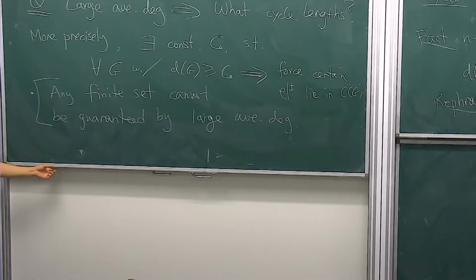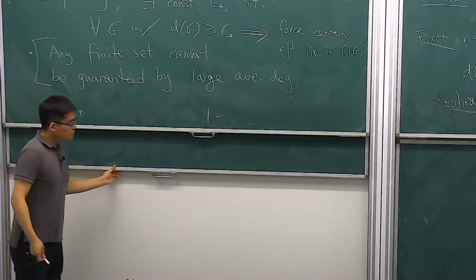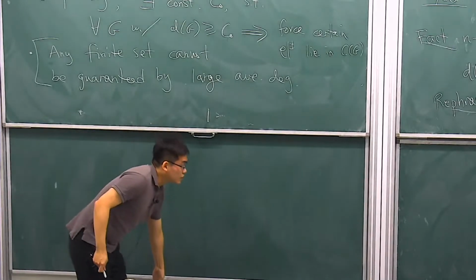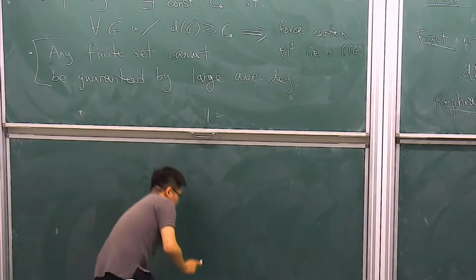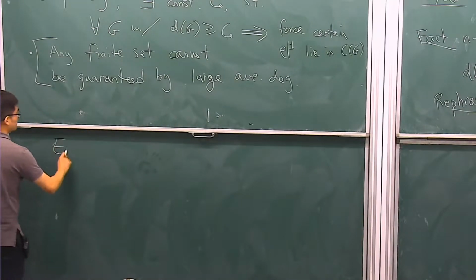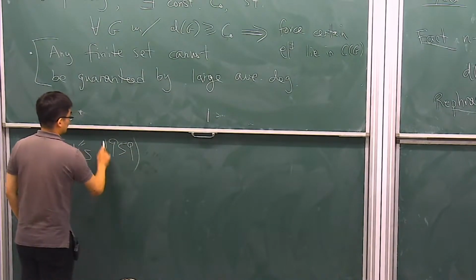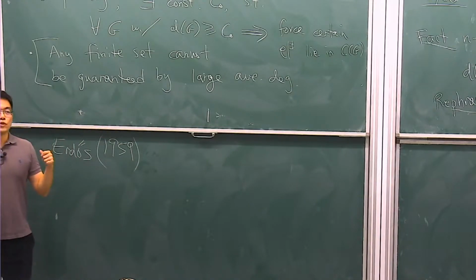So why is that so? This is famously proved by Erdős back in 1959, one of the early applications of the probabilistic method. Erdős, using a probabilistic argument, constructed a graph with arbitrarily large chromatic number, yet arbitrarily large girth, right?